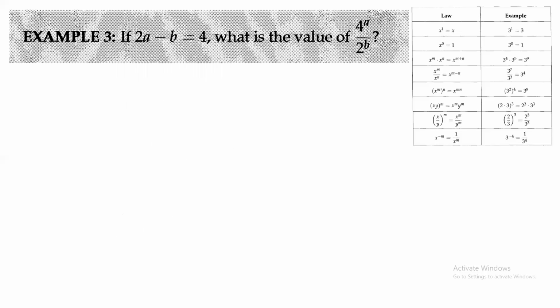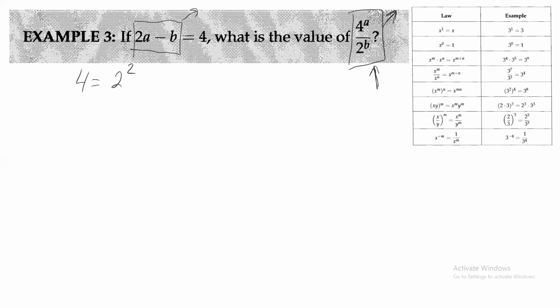Example 3. If 2a minus b is equal to 4, what is the value of 4 to the power of a divided by 2 to the power of b? We have to find what this expression is. So we should start from this part and try to get this expression. First, we know that 4 is just 2 to the power of 2.